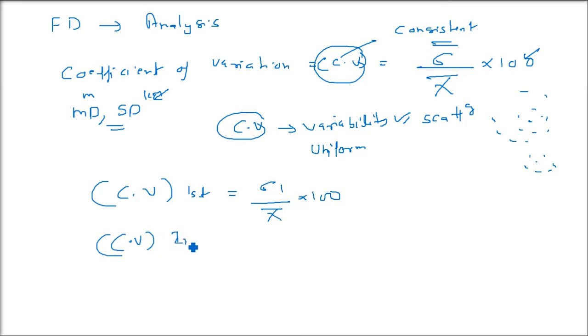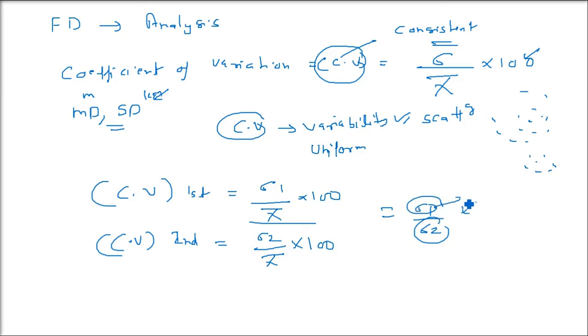Coefficient of variation of the second one, again sigma 2 divided by x bar, the arithmetic means being the same, into 100. Now divide these two. When you want to compare, x bar will cancel, 100 will cancel. Basically it's sigma 1 by sigma 2. So this means the two distributions can be compared on the basis of their standard deviation only. You don't need any other thing. Just take sigma 1 and sigma 2 and you can compare.